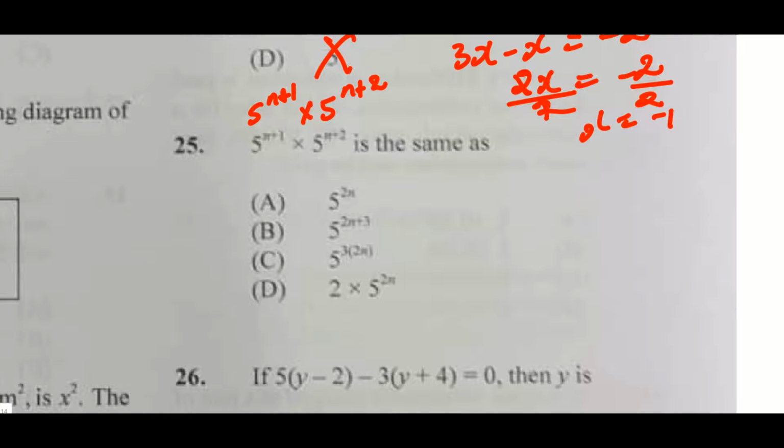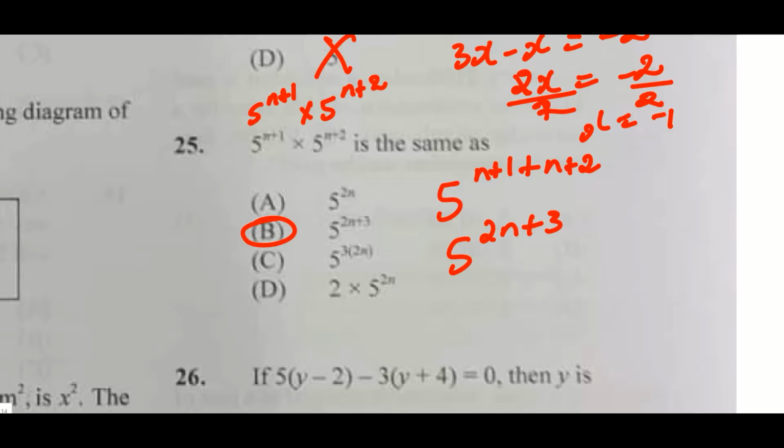Now we know that once we are multiplying a common base, laws of indices, we add our powers. So we have 5 to the n plus 1 plus n plus 2. So we group our like terms, so we have 5 to the 2n plus 3. So the answer that suits will be B.